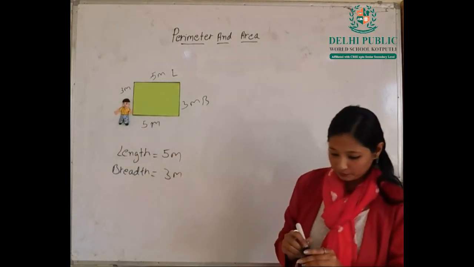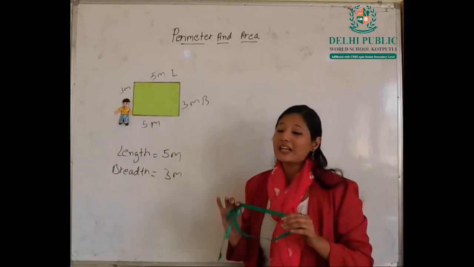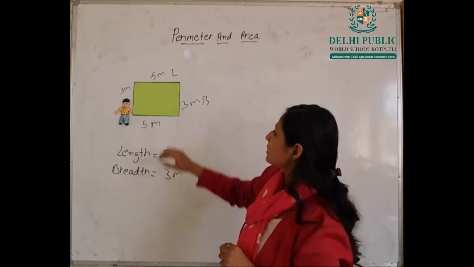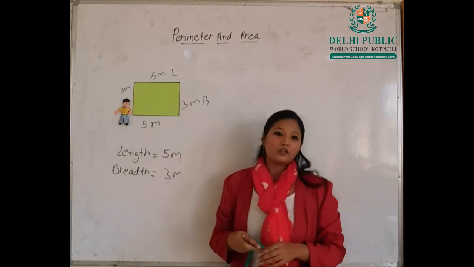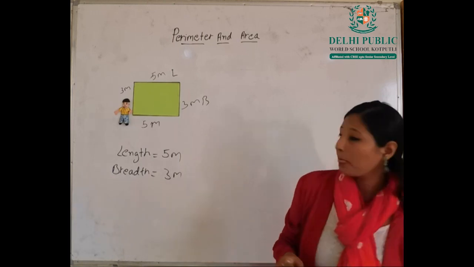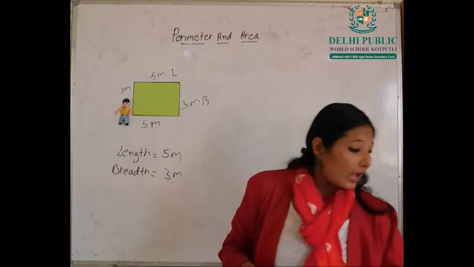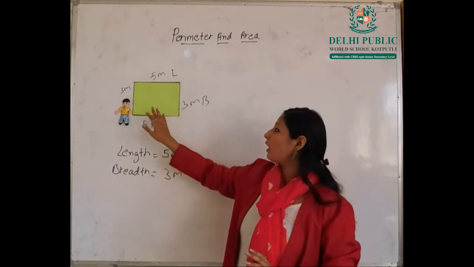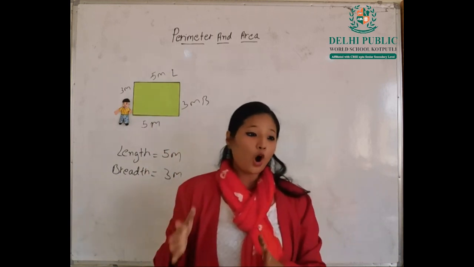So now, instead of using a thread and measuring all the boundaries or using a scale measuring all the edges, what we can do is use a formula. When we measure the boundary, when we calculate the sum total of the edges of any shape, it is called perimeter.